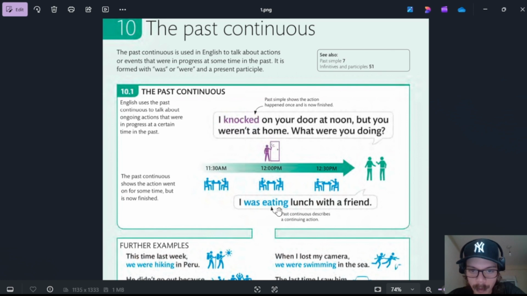So you will notice that. This other verb here, was, we reviewed in the past simple, so you should know that was is the past form of be. Okay? The other past form of be is were, which you have here in the introduction, was or were.